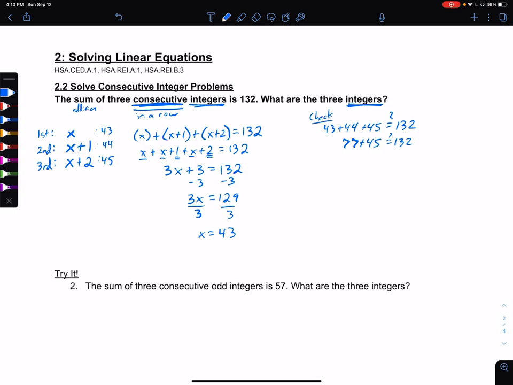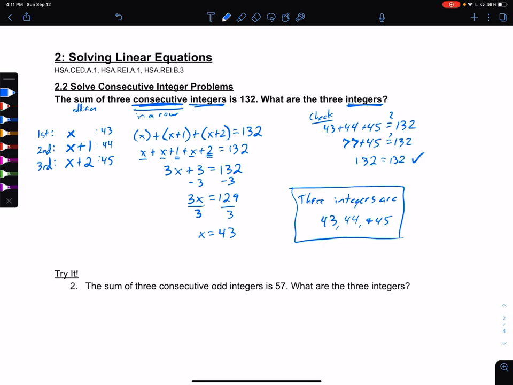And 77 plus 45 is 132, which checks out. So we've done this problem correctly. We found our three consecutive integers: 43, 44, and 45.